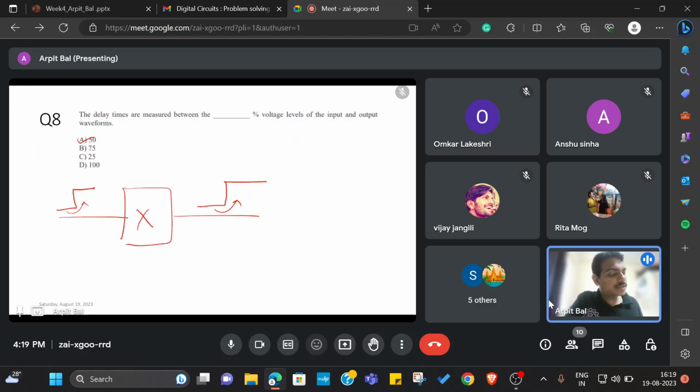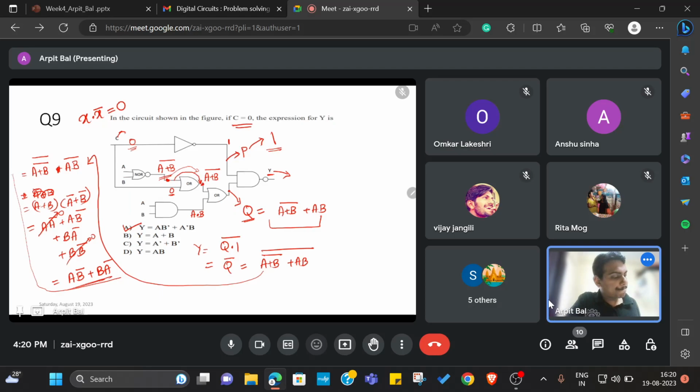The next thing we discussed is the propagation delay, which is measured between the input and output 50% levels. Then we were given a circuit and needed to figure out the logic expression for y. Whatever initial value was given for the input, we substituted that value.